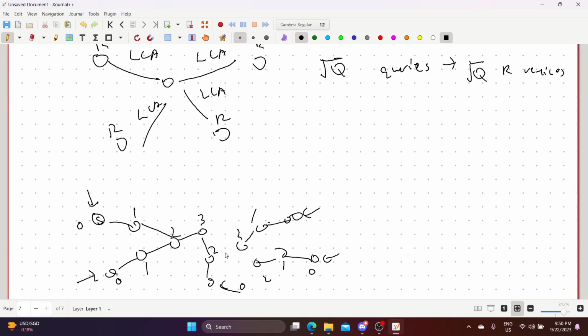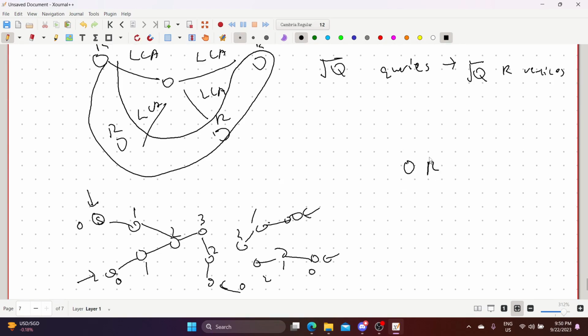Then after you do this multi-source BFS, we can delete all the red nodes here because we have already considered them. So now we start back at 0 red nodes. For the next square root q queries, from square root q to 2 square root q, we can do the same thing again: we take the LCA, but at the same time we need to take the minimum with the distance array also.